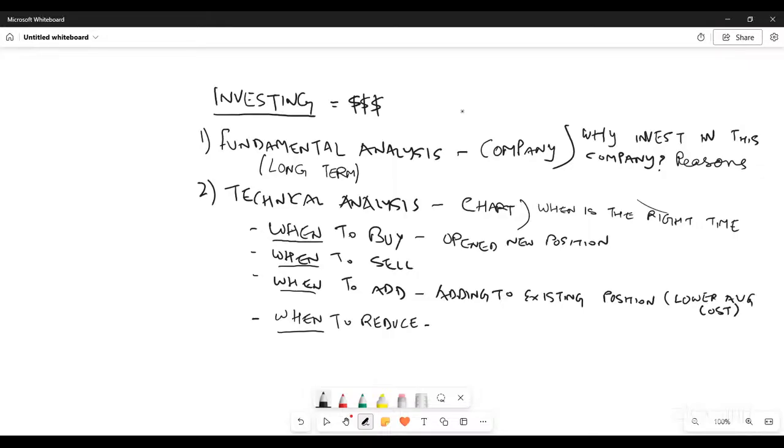And what's the meaning of when to reduce? Because the way the market is right now, it's always a good idea to lock in your gains. So when we reduce, all we're doing is locking in some of our gains, and we leave a very small position still there. Okay.